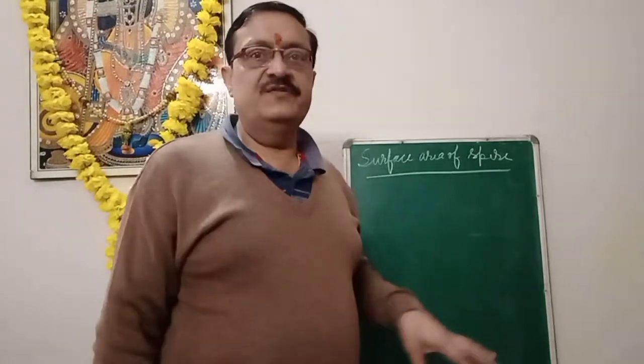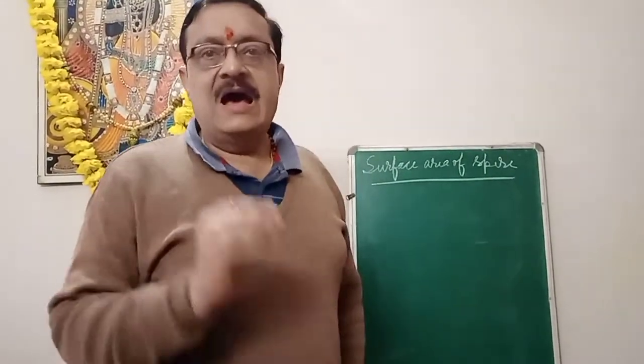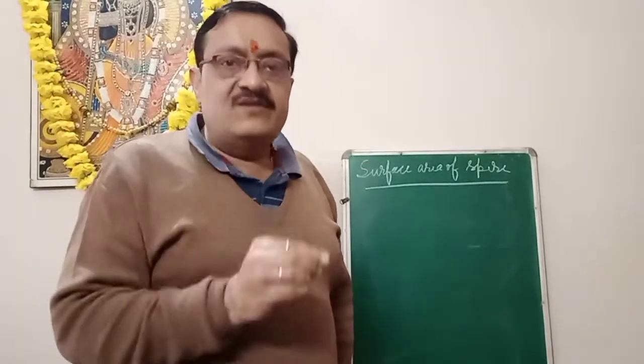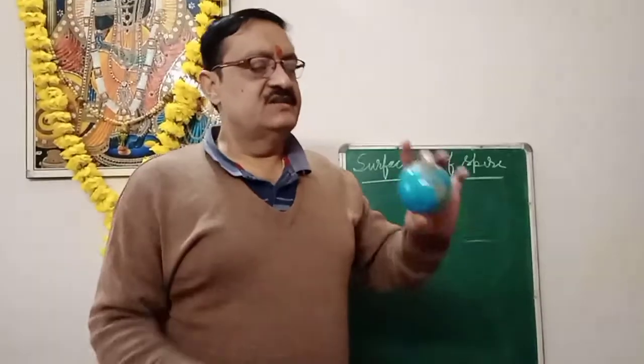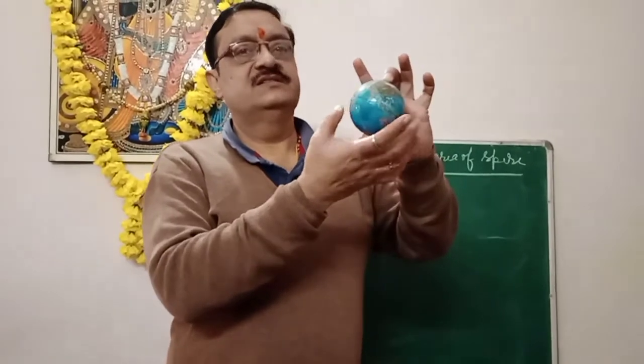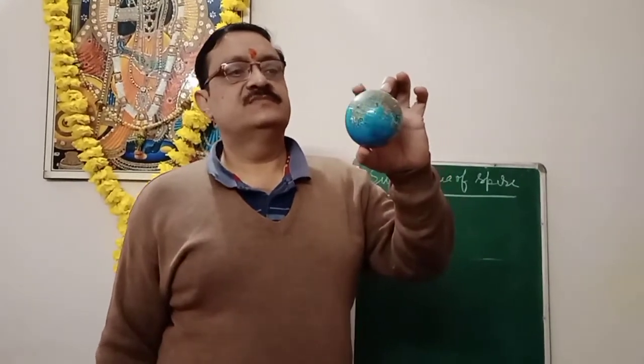So in the case of a sphere also, all the points on the sphere are at a constant distance from the center. This is the structure of a sphere.